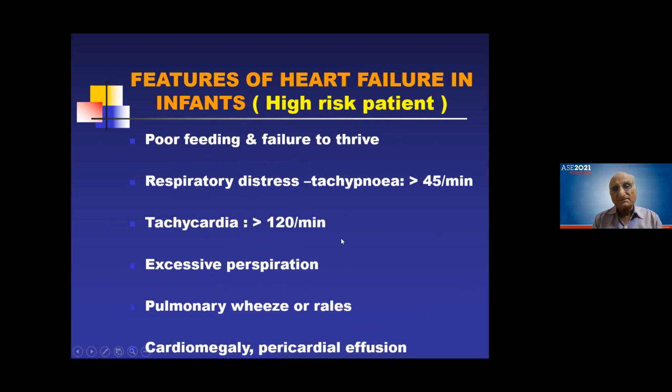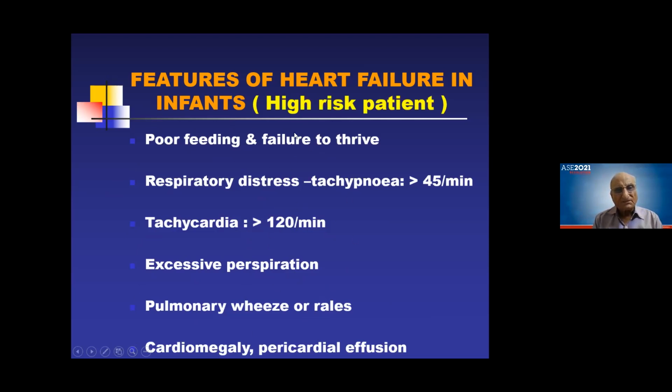By unexplained, I mean suppose a patient is having high fever, that is an explained one, but otherwise tachycardia, tachypnea, excessive perspiration. Sometimes the mother will give a history that whenever the child is fed, or anytime they strain, the child gets excessive perspiration. And of course, pulmonary wheeze and rales also. So these are some of the features of heart failure, including pericardial effusion and cardiomegaly.